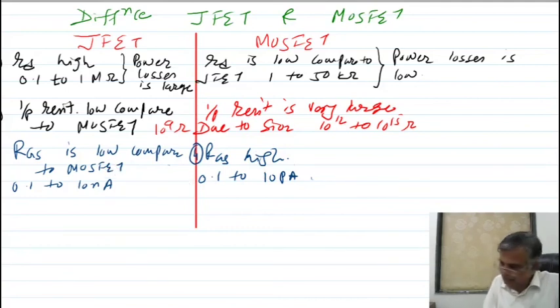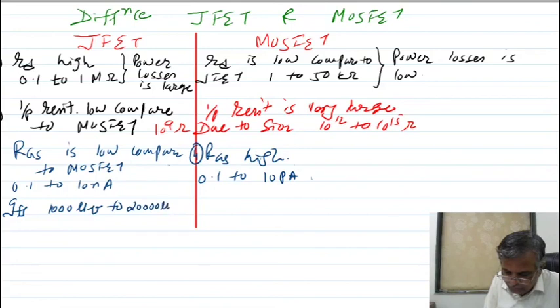And the fourth, you can write GFS is of the order of 1000 micromho to 20,000 micromho for JFET.